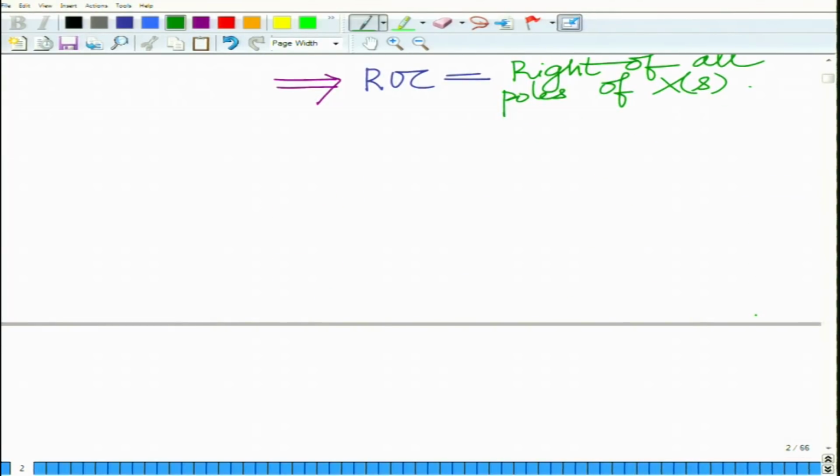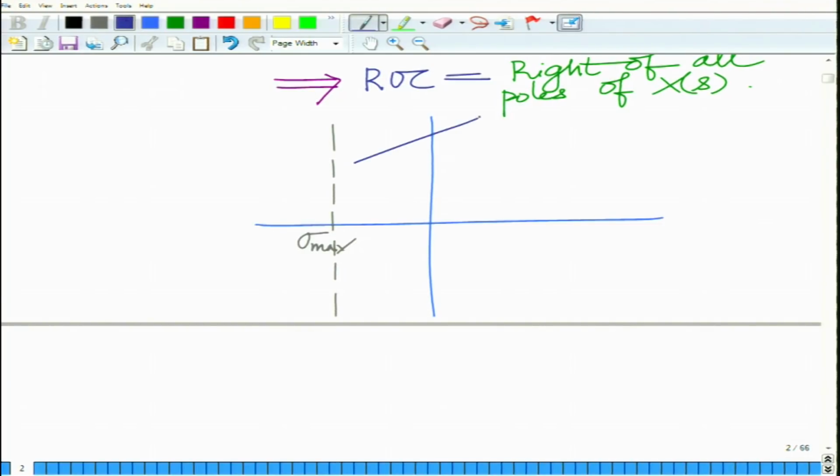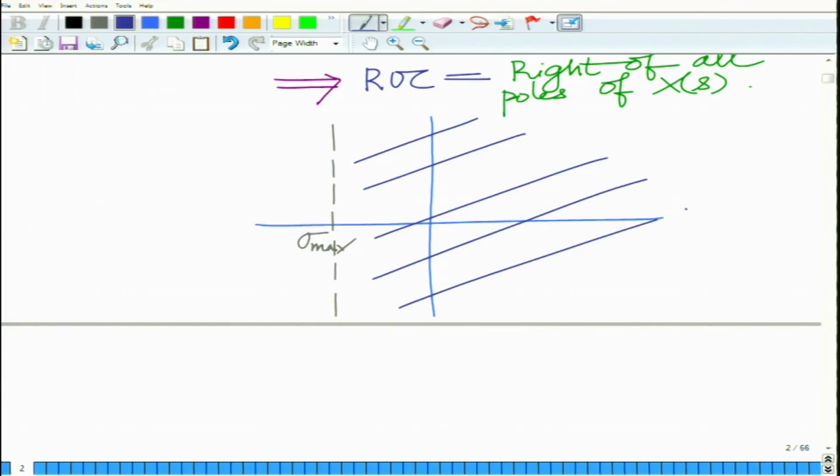And the ROC will look something like this. You have your S plane, and you have your sigma max. Then the ROC will be real part of s greater than sigma max.